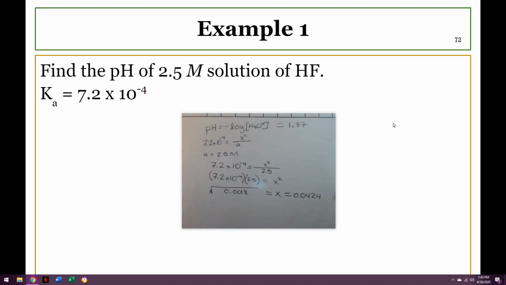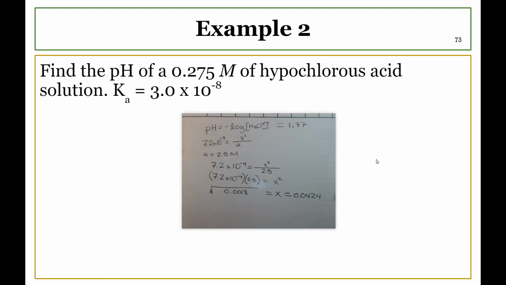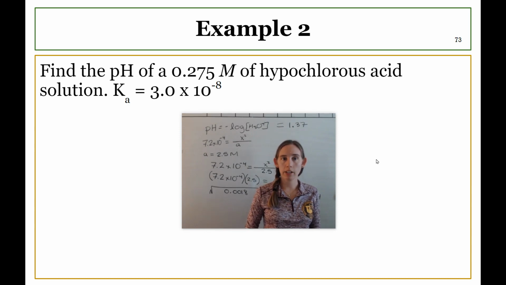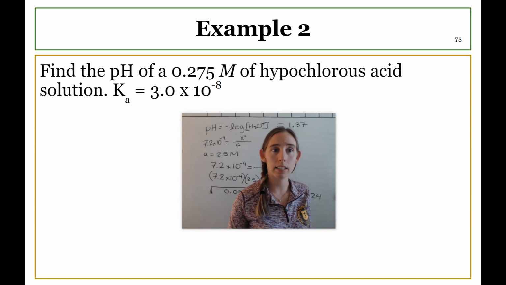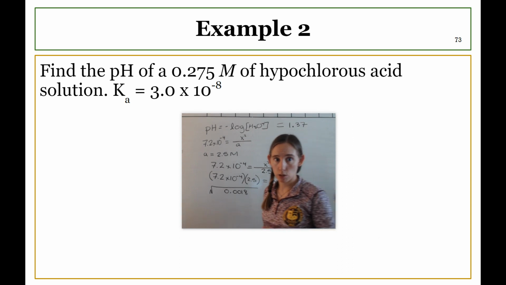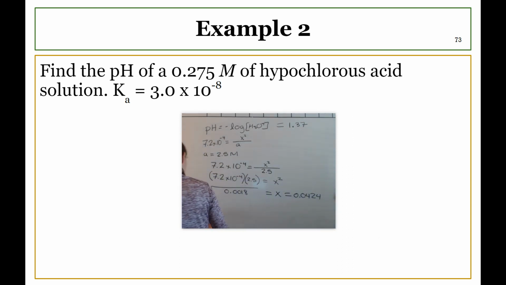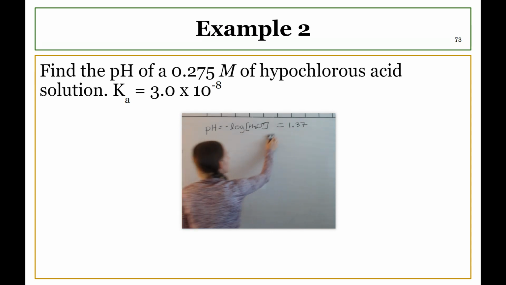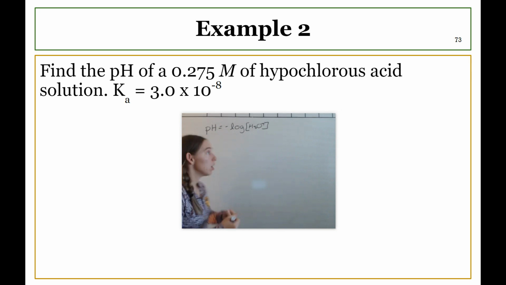Let's do another example of this. Find the pH of a 0.275 molarity solution of hypochlorous acid. Ka is 3 times 10 to the negative 8. All right. So again, we're solving for pH. Here's our equation.